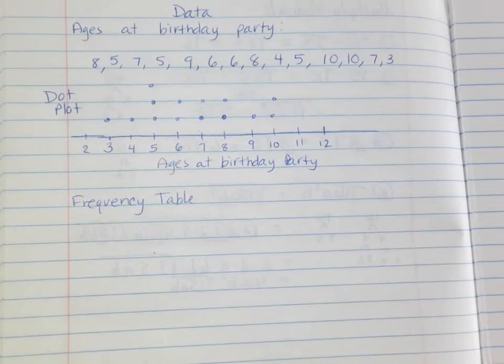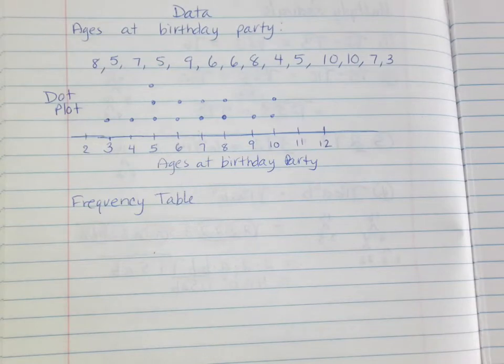So for the frequency table, we break this up in intervals or groups, like how people say 1 to 10, 11 to 20. Those would be intervals. We're dealing with small numbers, so our intervals are going to be small. But you could count by 10s, by 5s, by 2s.